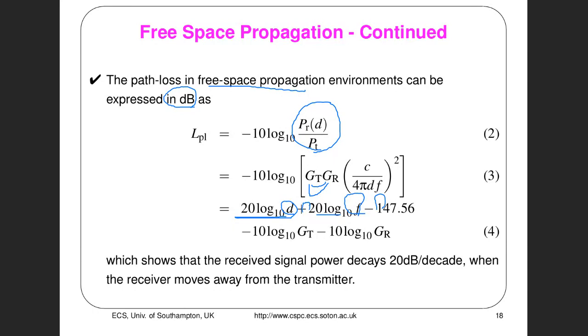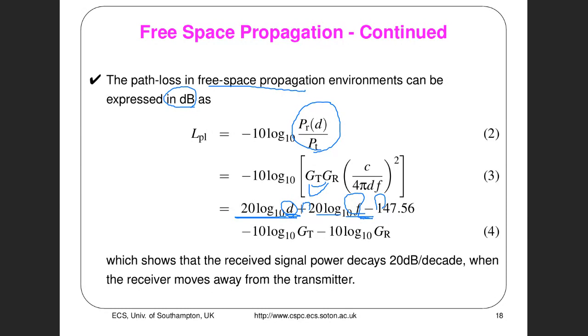When we need to see what's happening in millimeter wave, we only consider frequency. And when we look at the coverage, we only look at the distance. So calculating this in log domain helps us look at these parameters separately.